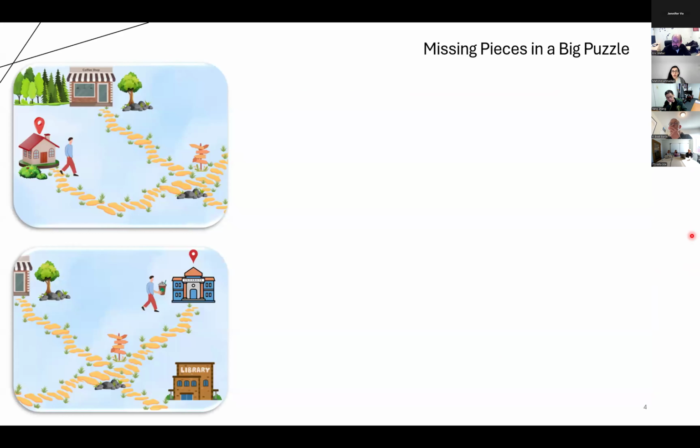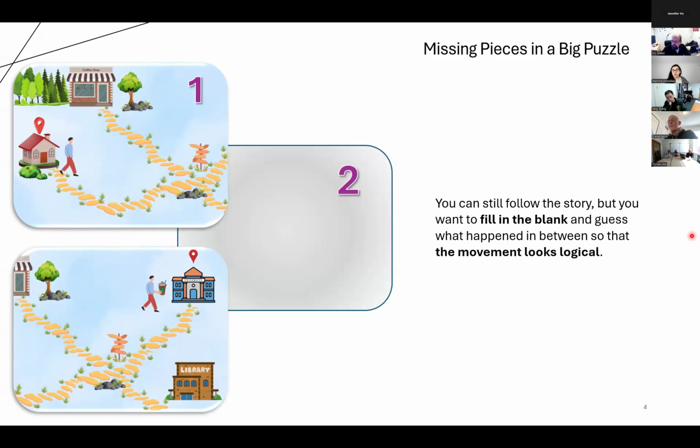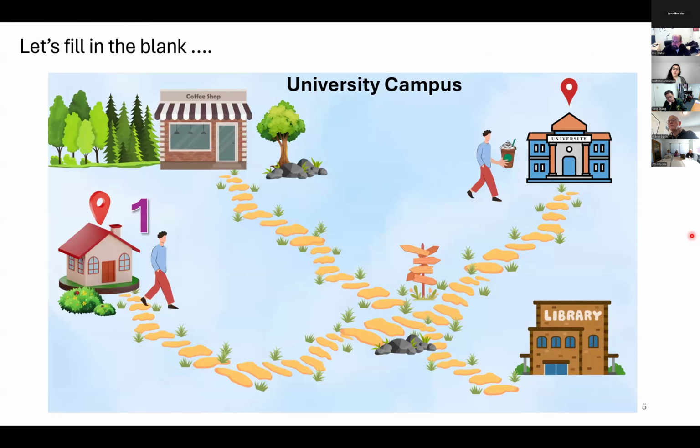So what you know is that the person started at his house, then we don't have any information, it's blank, and then he arrived at the university. So we want to have a guess that makes this movement logical. So let's see. We know where he started, we know where he ended, and we know that he has a coffee in hand.